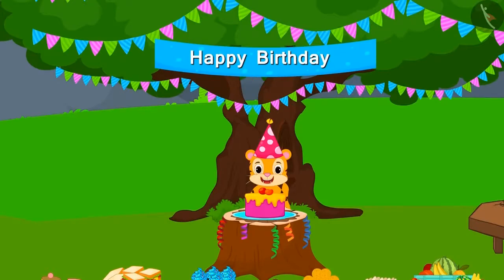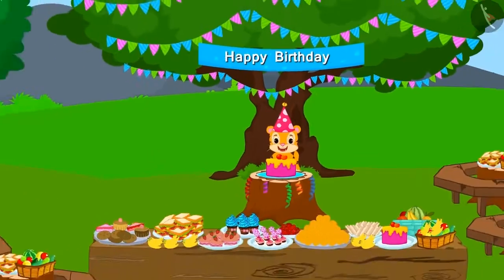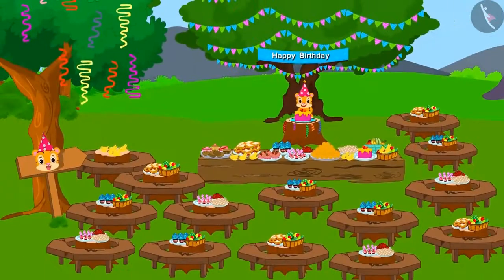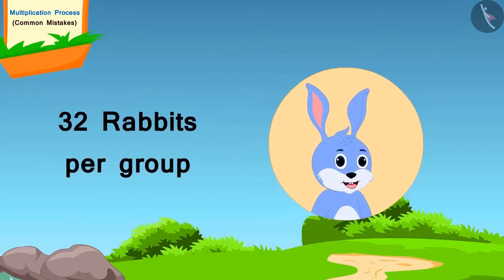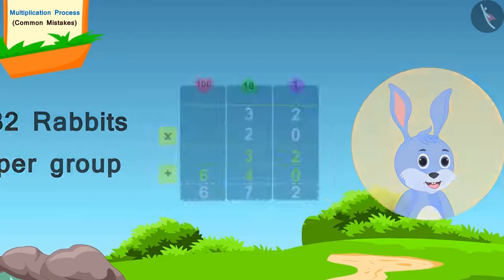Sher Khan placed the chairs for the rabbits very close to the cake as they were his best friends. The rabbits were to sit in groups of 32, and 20 such groups were to come.